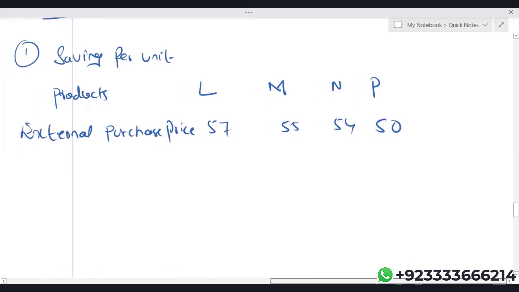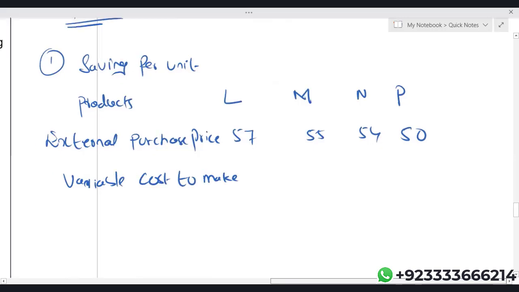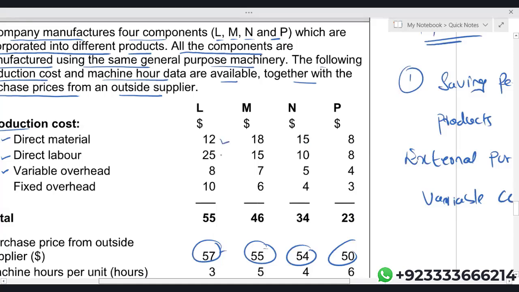Now let's see variable cost to make. $12 plus 25 plus 8, I'm getting 45. 18 plus 15 plus 7, so 15 plus 7 is 22, plus 18 is 40. 15, 10, 5, 30. 8, 8, 4, 20.